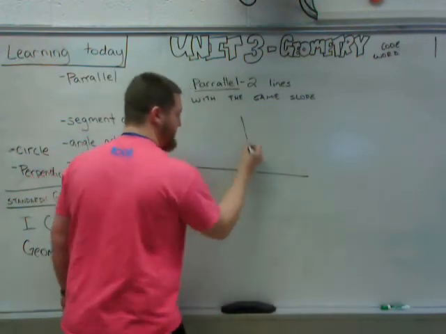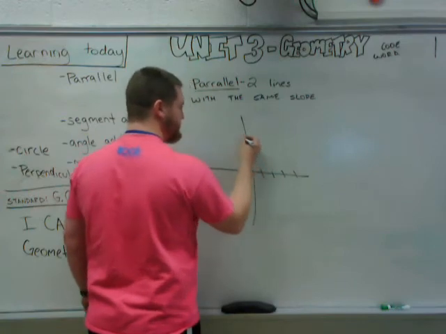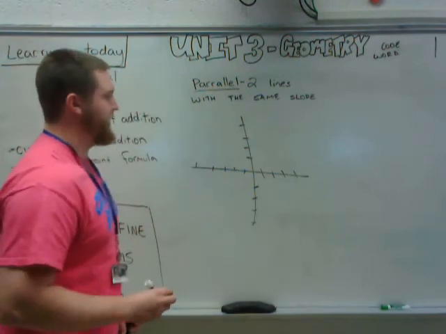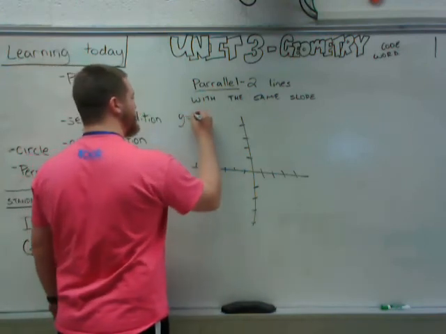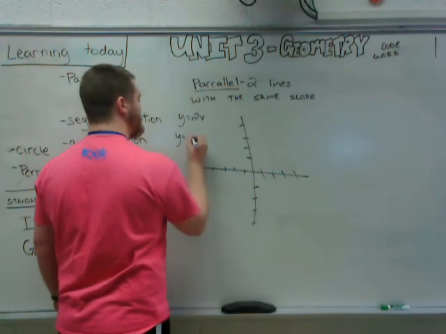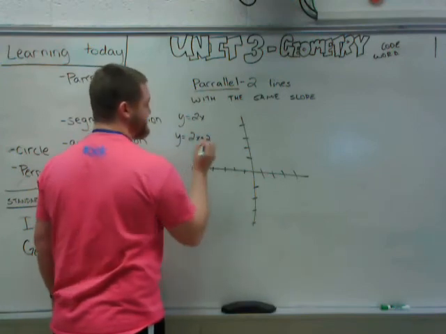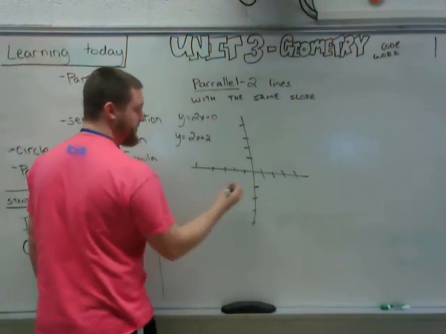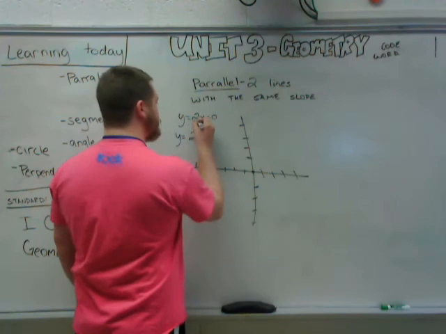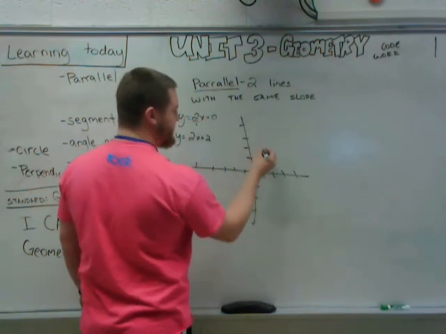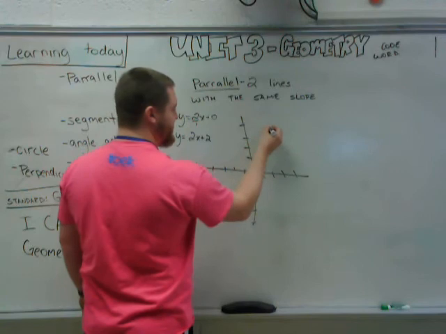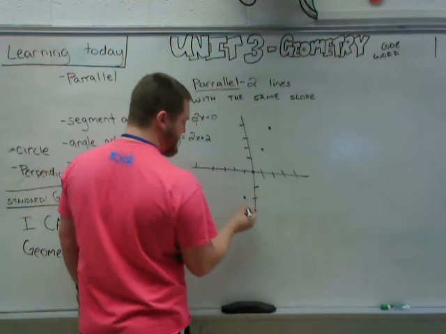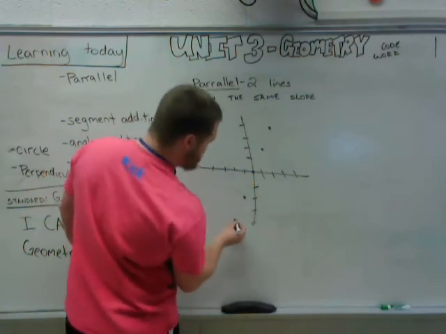So if I have my lines on my grid, and I have y equals 2x and y equals 2x plus 2. Let's graph those. What's the y-intercept of my first one? Well, there's nothing there, so it's 0. And 2x is really 2 over 1. So let's rise 2 and run 1. Rise 2 and run 1. Opposite direction, down 2 over 1. And down 2 over 1. That's pretty close.